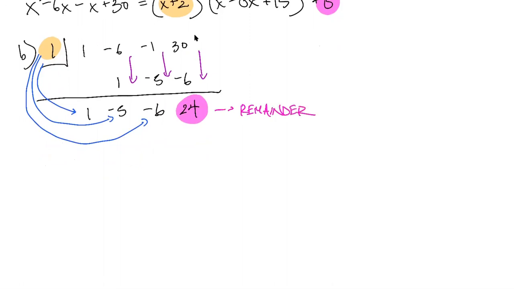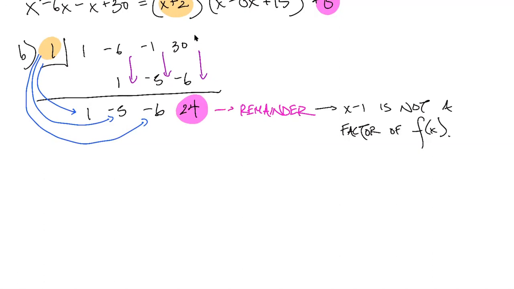But because this number is not equal to 0, we know that x minus 1 is not a factor of f of x. Okay? If the number at the end is a 0, then we're good. It's a factor. But if that number at the end is not 0, it is not a factor.